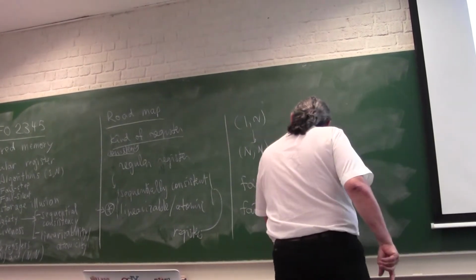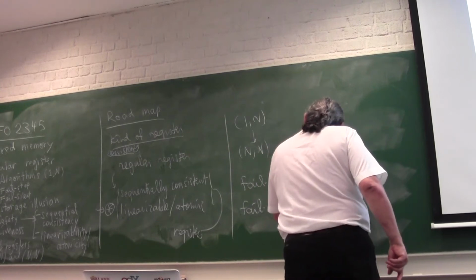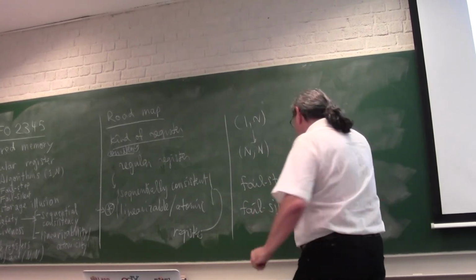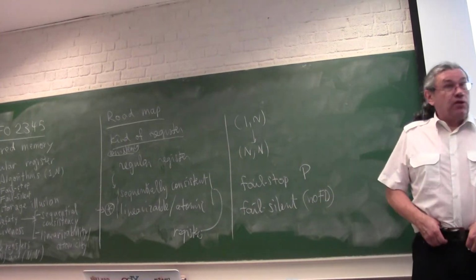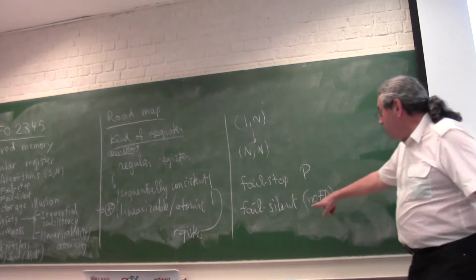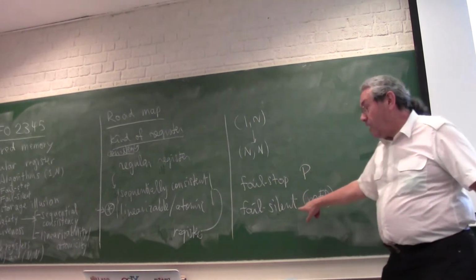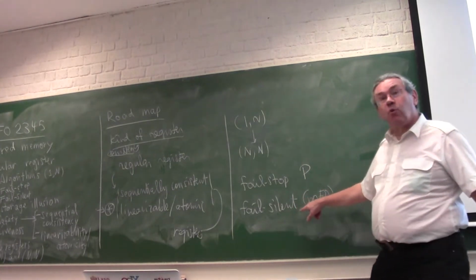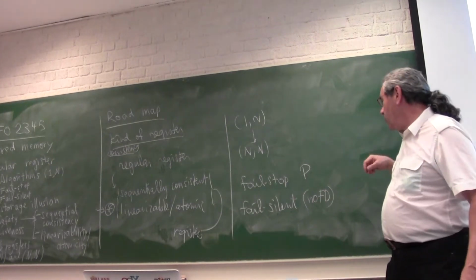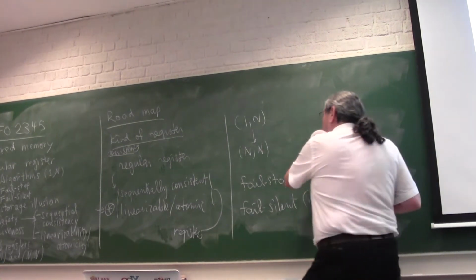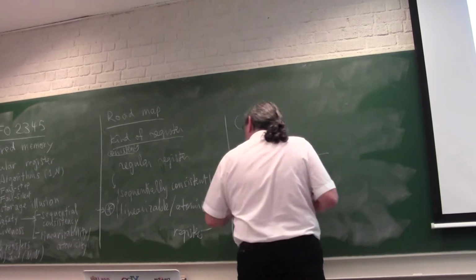And fail silent means we have no failure detector. So this one, fail silent, will work on the internet. So we're not going to do an eventually P, but we will show you a fail silent algorithm, which of course will work on the internet because you're not assuming any failure detector at all. Okay. So these are the kind of steps we will make.